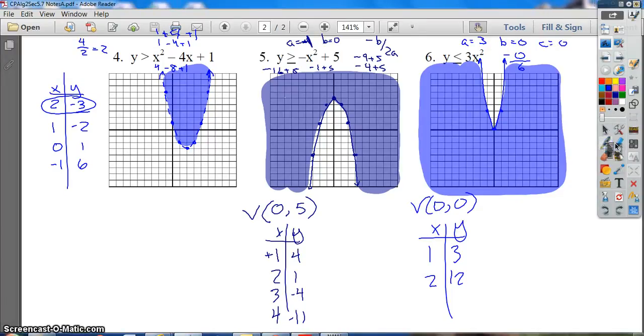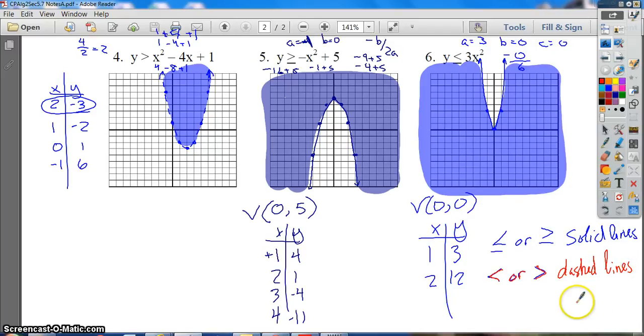Remember, if you have to write it on the side, these two get solid lines. Here's your cheat sheet, really. This one or this one, let me do it in red so you can clearly see the difference, or greater than, this is dashed. Also, this is a greater than or greater than or equal to.